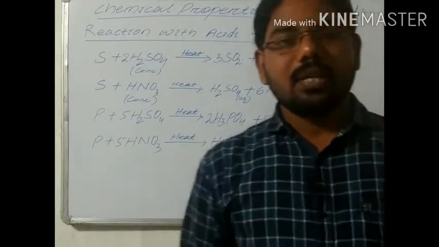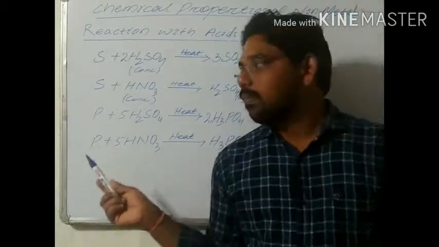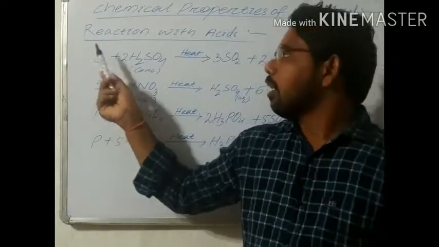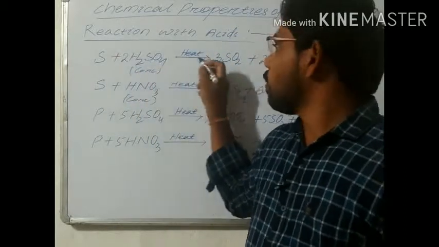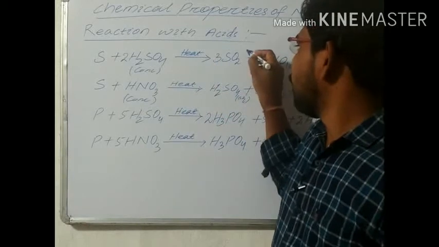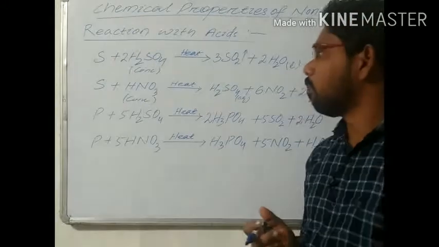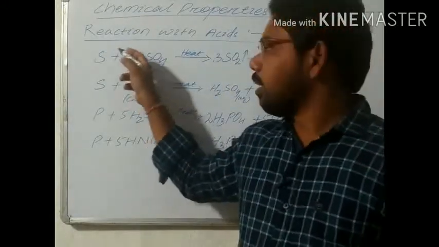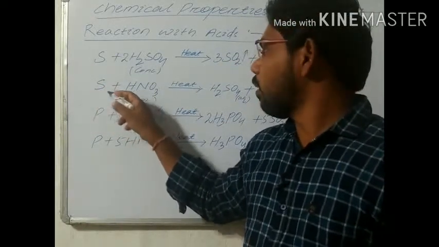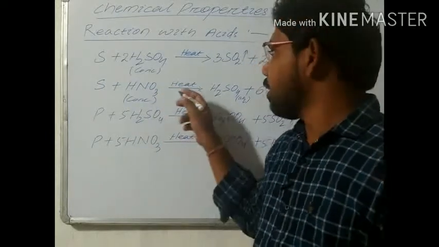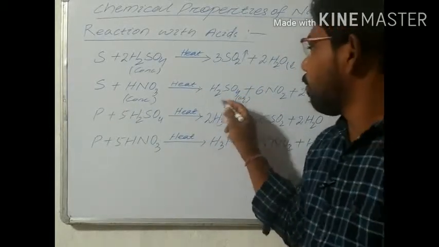They react with concentrated sulfuric acid and concentrated nitric acid. Sulfur is a non-metal, and sulfur reacts with concentrated sulfuric acid. When the mixture is heated, we get water and sulfur dioxide gas. This is an example of a non-metal reacting with an acid. Another example: solid sulfur reacts with concentrated nitric acid, and when we heat the mixture, we get sulfuric acid, H2SO4.